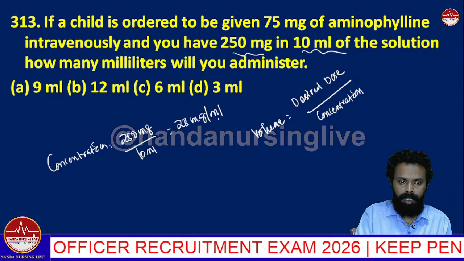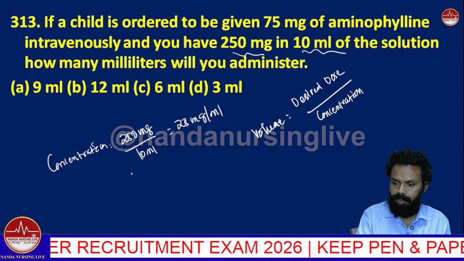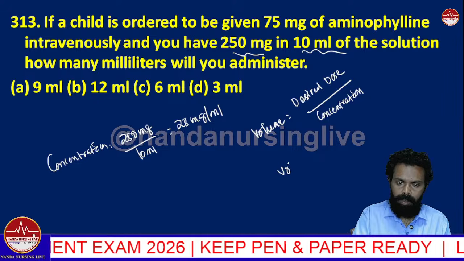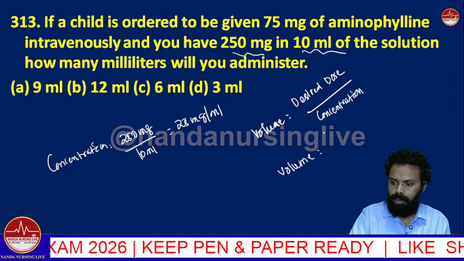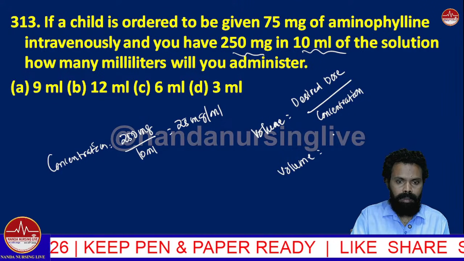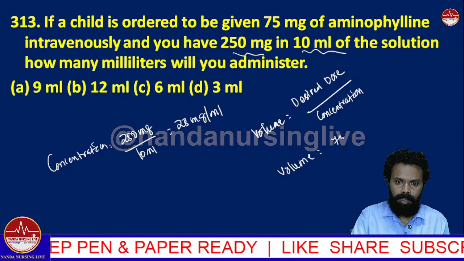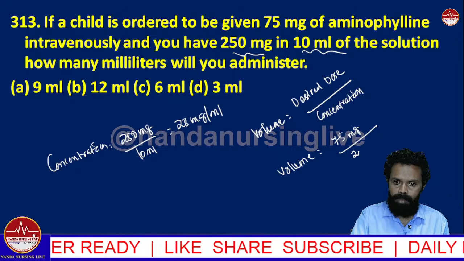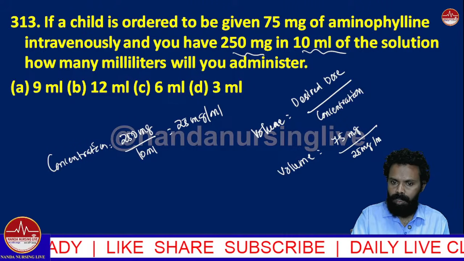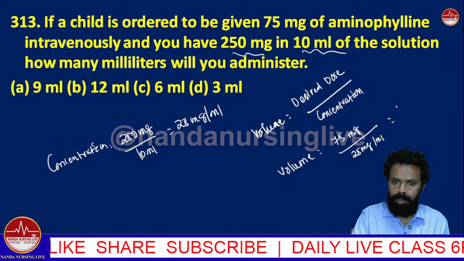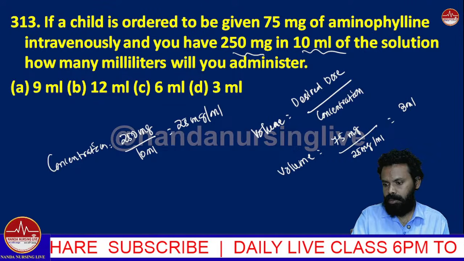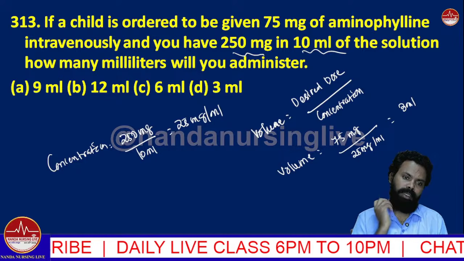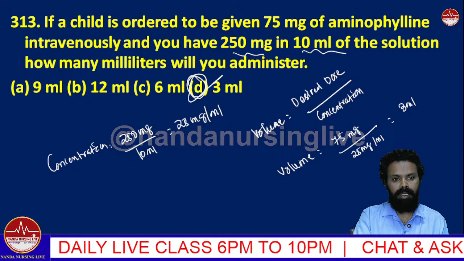So volume is equal to desired dose by concentration: 75 milligrams divided by 25 milligrams per ml, equal to 3 ml. Very good. Option D is the correct answer.